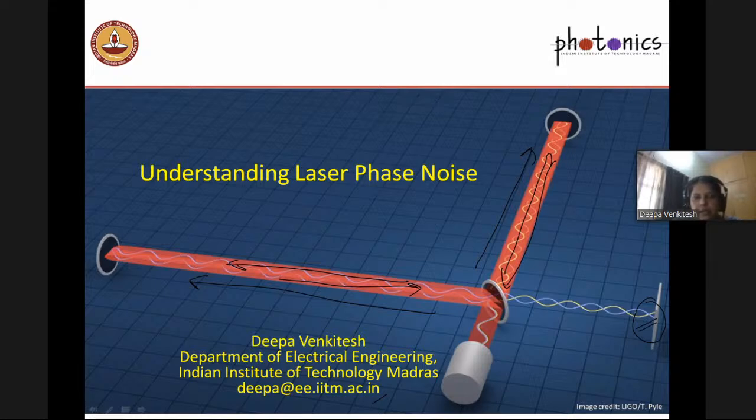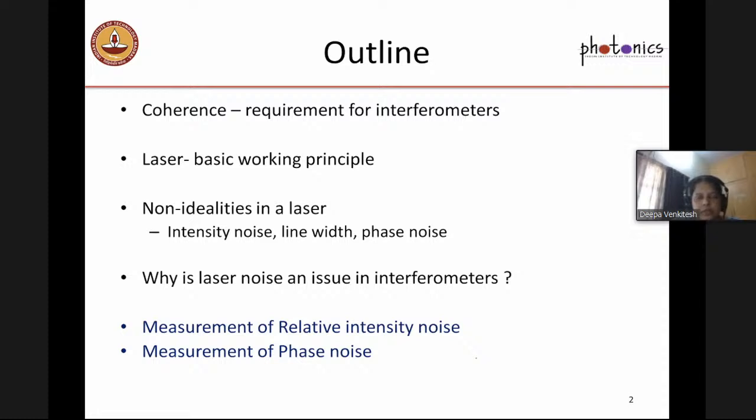So the key part in this mega experiment is this laser source. And we are trying to spend some time today to understand the noise. It's not just the phase noise, but all the noise sources of this laser. So here's the outline of the talk. First, we will talk about coherence and what the coherence requirements for interferometers are.